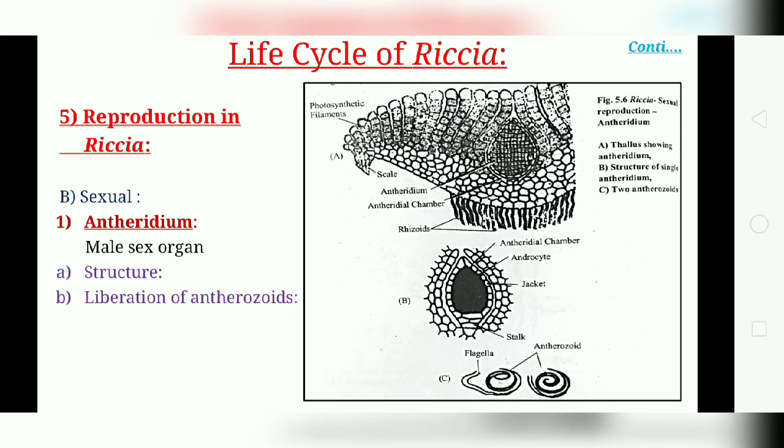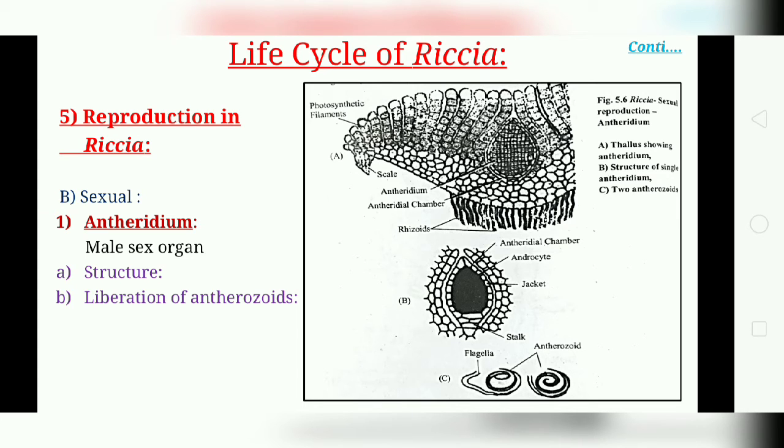Now the next part is sexual reproduction in Riccia. Sexual reproduction involves two types of organs, the antheridium and the archegonium.